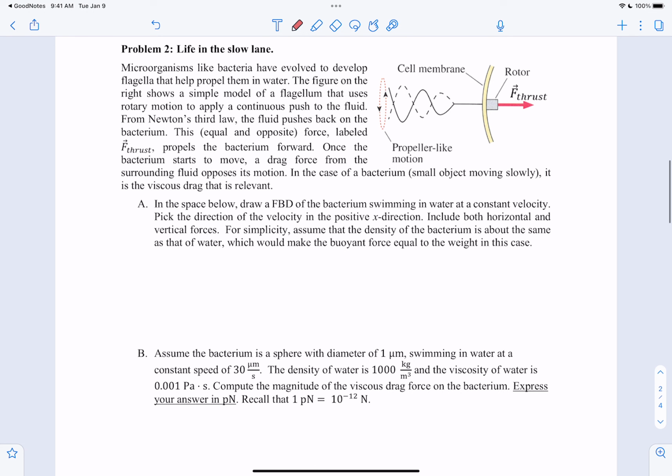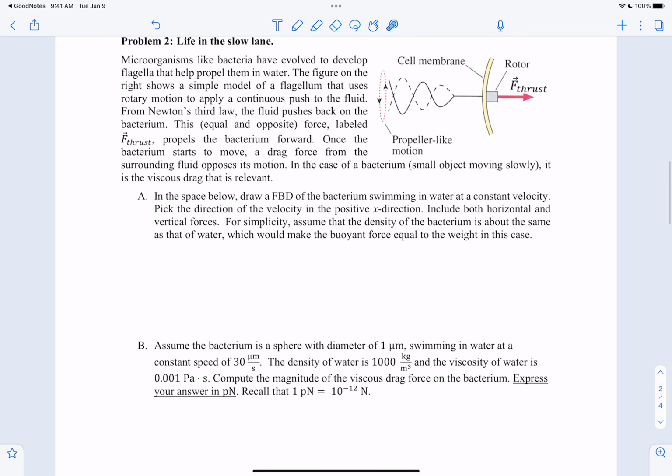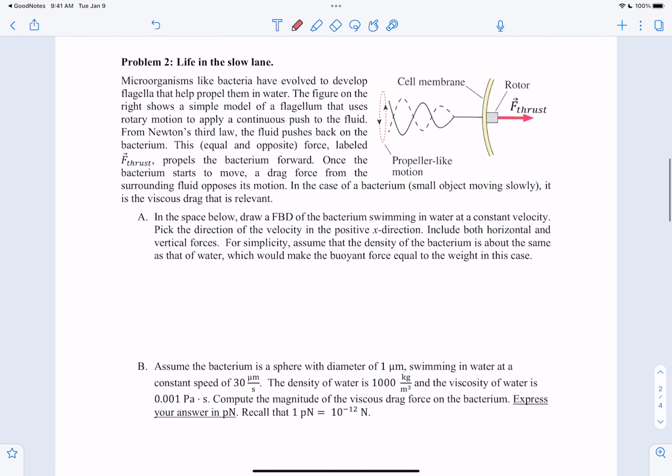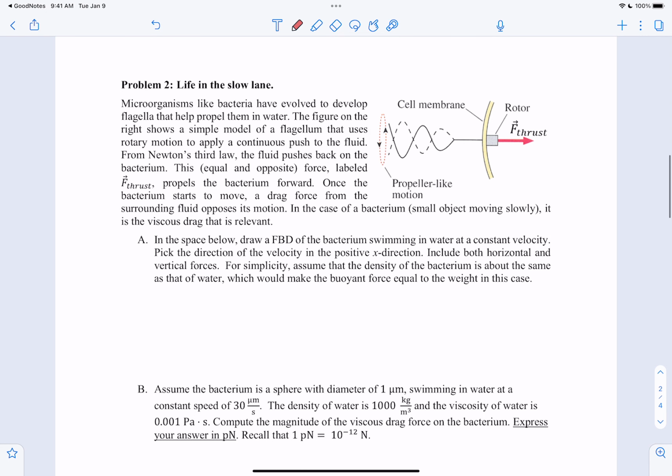But anyway, there's a lot of information in this really huge paragraph here, right? We have F thrust. This force is propelling the bacterium forward. So that's kind of like our push force, quote unquote.